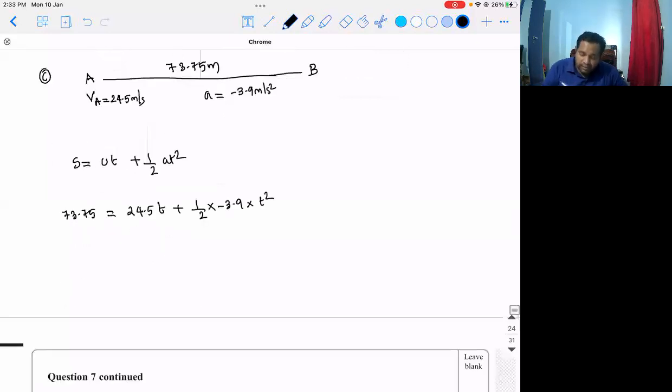You can bring it to the other side, and it becomes a quadratic equation: half times 3.9 T square minus 24.5 T plus 73.75 is equal to 0. You can solve this quadratic equation. Please solve it using a calculator.